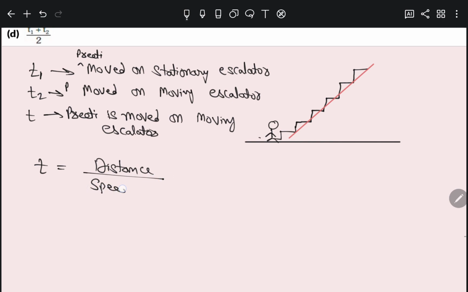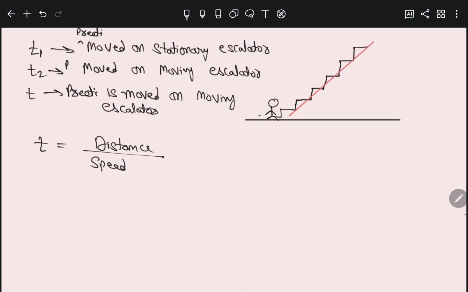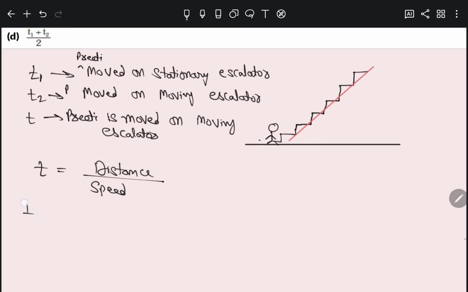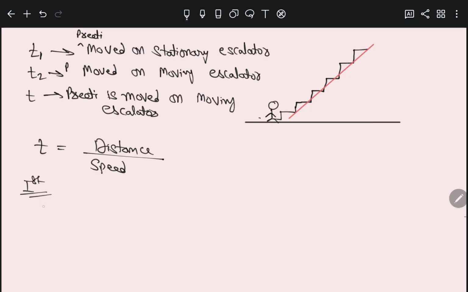by speed, right? So for the first condition, when Preeti moves on a stationary escalator, what is her speed?